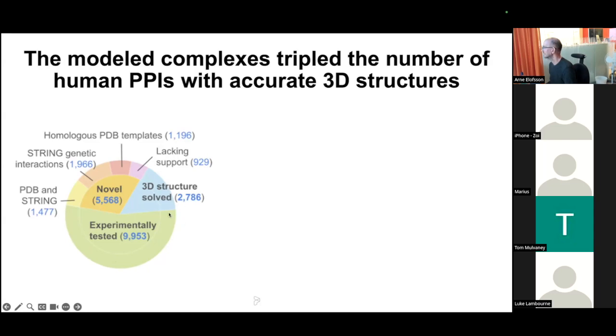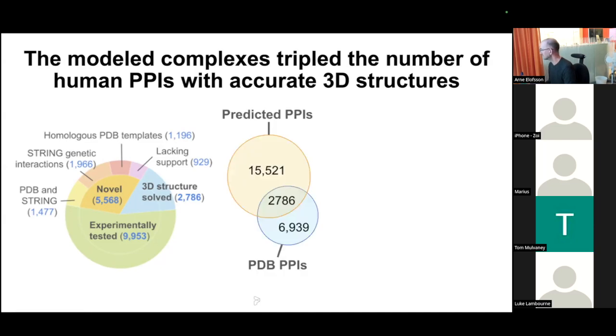A smaller fraction of them have experimentally determined structures, and about a quarter didn't have previous direct evidence for their interaction. But if you study hard, you are able to find some additional supporting evidence for their interaction.